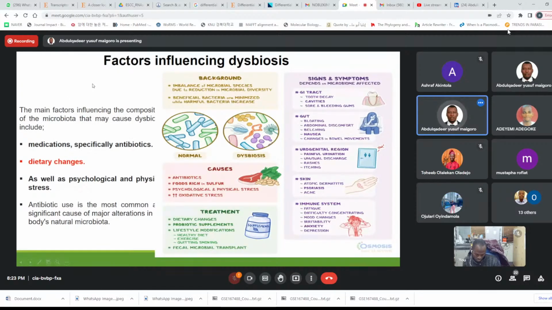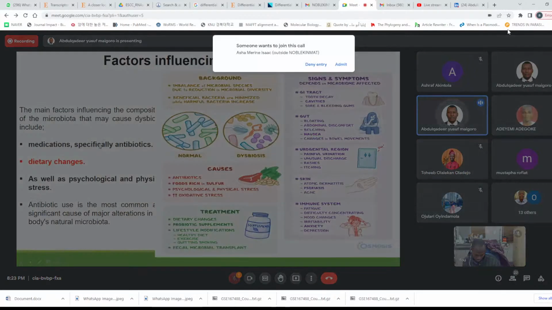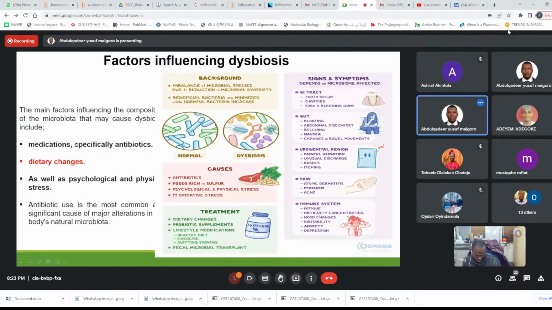One might ask, what are the factors affecting the dysbiosis? Usually we have medication, especially antibiotics, because these microbiomes can refuse to cooperate with the antibiotic, and these days that is what we call antibiotic resistance.